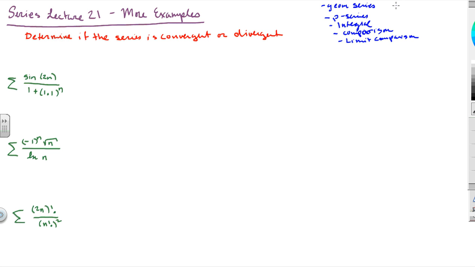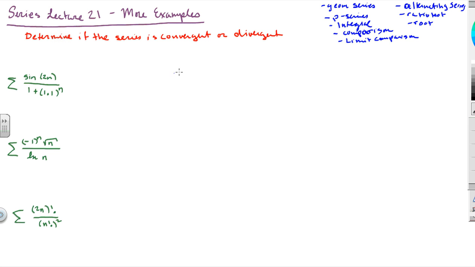And then we have the alternating series test, the ratio test and the root test. And these are the things we have to work with to tell if a series converges.